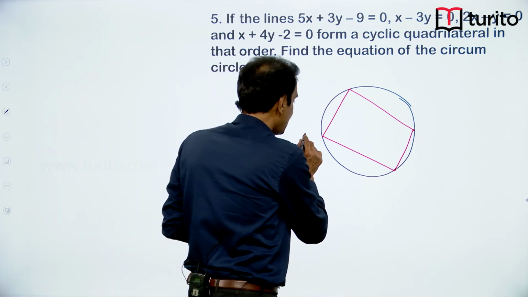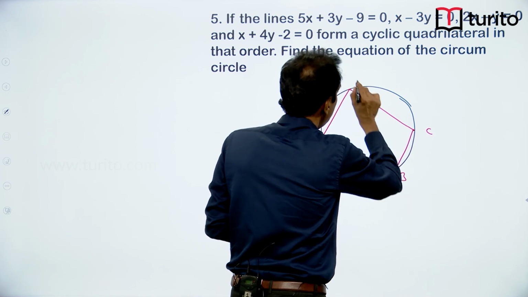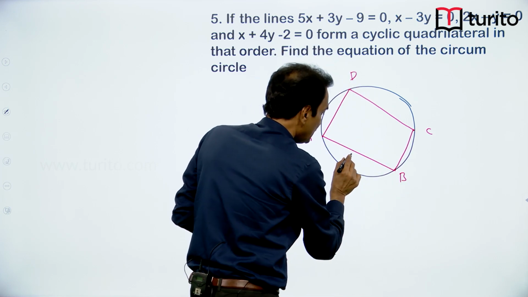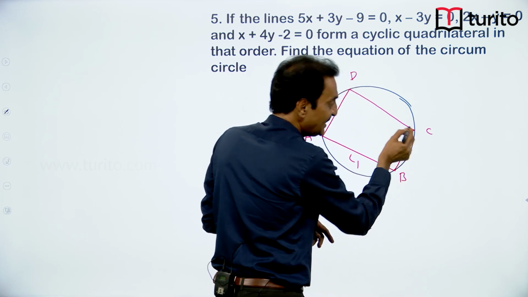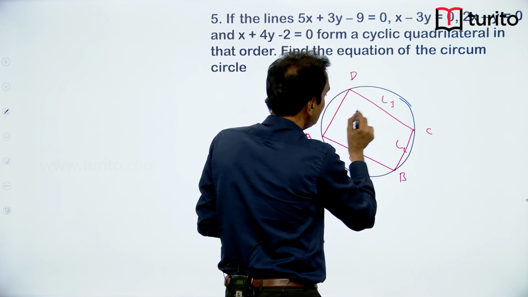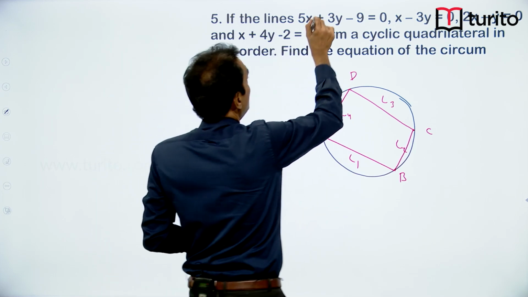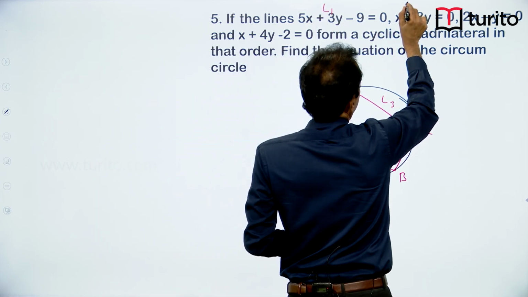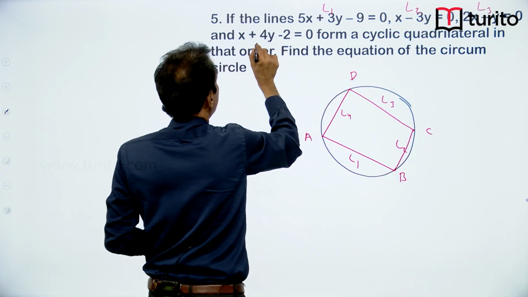Now, let us take the vertices as A, B, C, D. Let this equation be L1, this is L2, L3, L4. This is L1, this is L2, L3 and this is L4.